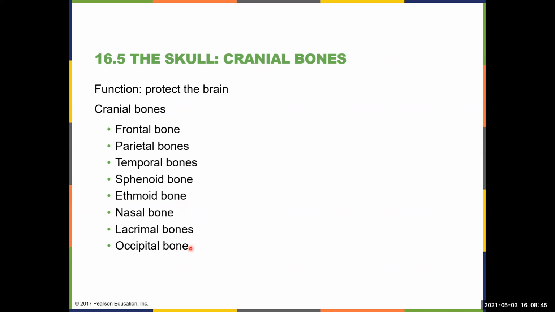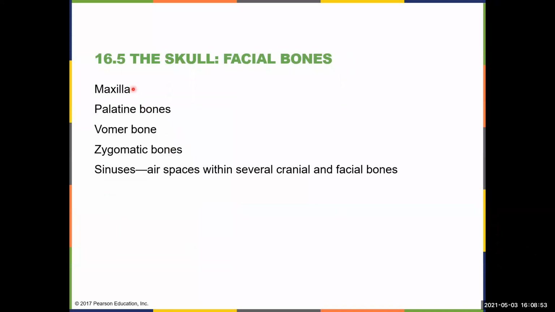And we have an image that we're going to show the location of all of those bones. Now your facial bones are the maxilla, the palatine bones, the vomer, the zygomatic bones, and then your sinuses, which is basically air spaces within the cranial and facial bones.